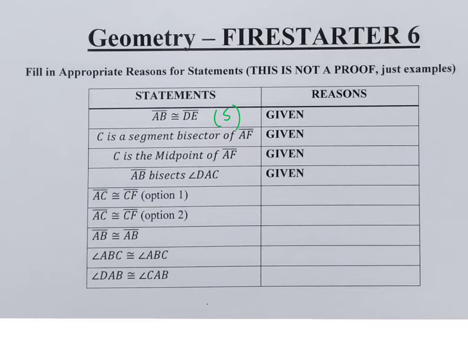This over here would be an angle congruency statement because I'm talking about angle ABC is congruent to angle ABC. So that's an angle congruency statement. So you see the congruency symbol and angles, all right?